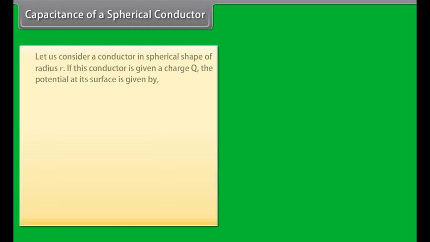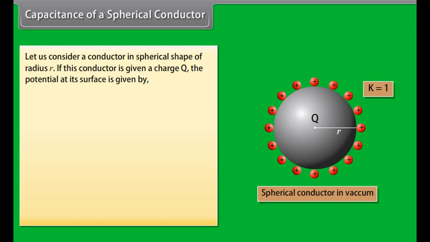Capacitance of a spherical conductor. Let us consider a conductor in spherical shape of radius r. If this conductor is given a charge Q, the potential at its surface is given by V is equal to 1 upon 4 pi epsilon not multiplied by Q upon r.